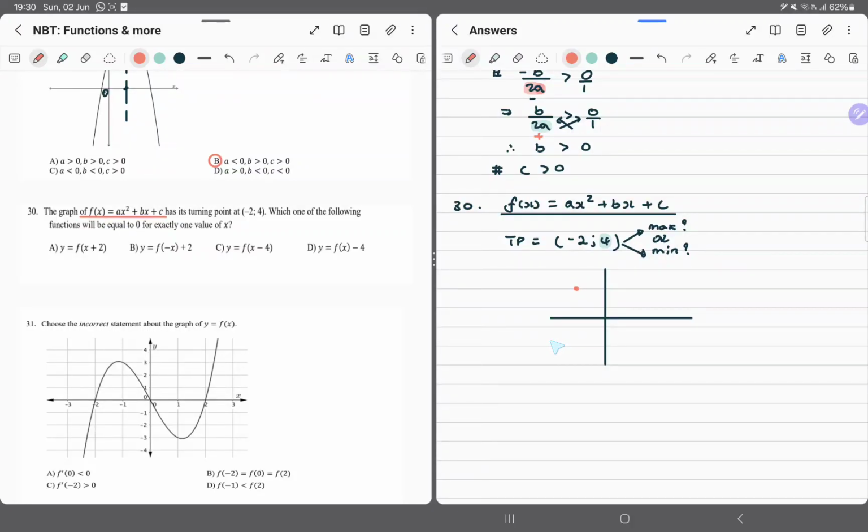So we've got a possibility that this graph looks like this. Let me just draw the sketch first. This graph could be like that. Let's just draw a proper graph.